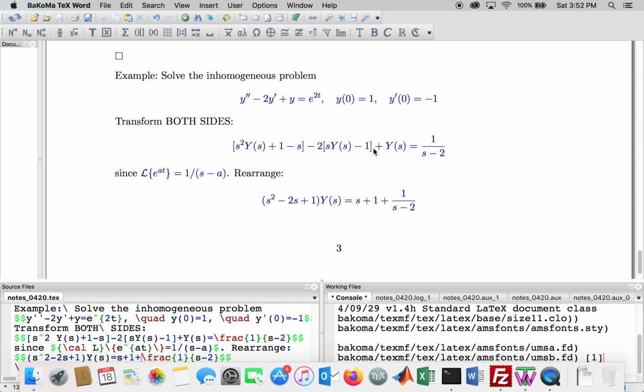That will... actually, something seems off in my notes here. Okay, hopefully it's not a mistake.